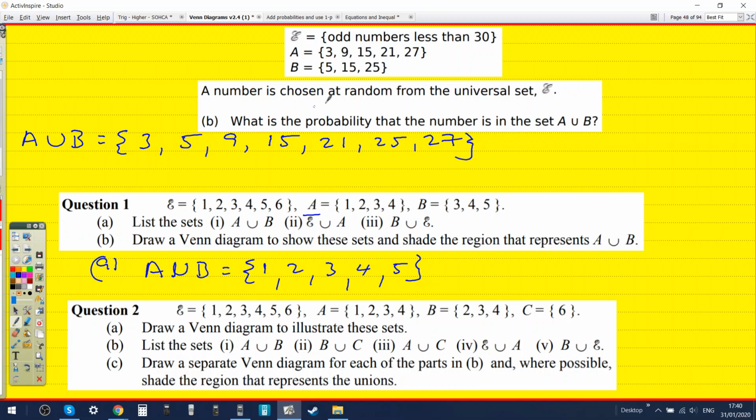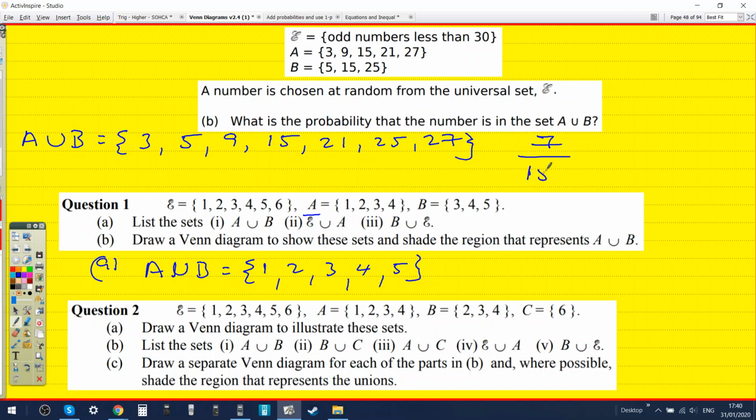And they wanted probability. 7 over 8. Odd numbers less than 30. So it's 7 possibilities out of how many odd numbers are there that are less than 30? 15?